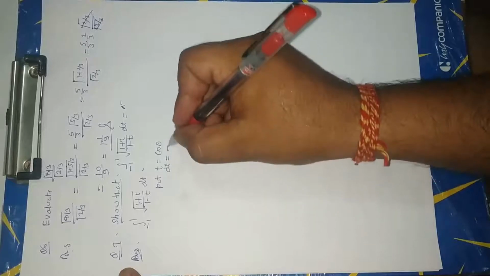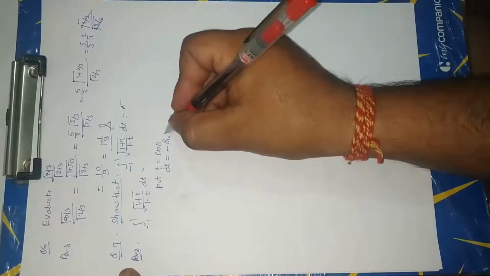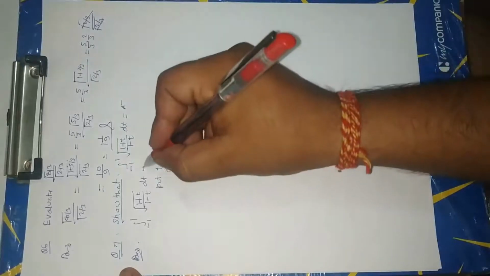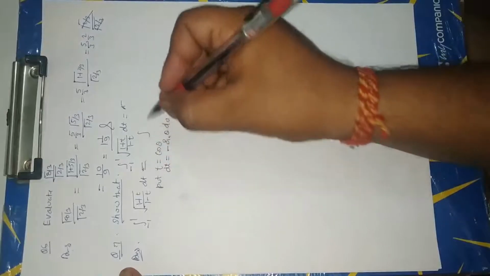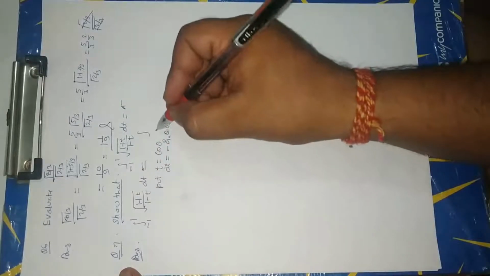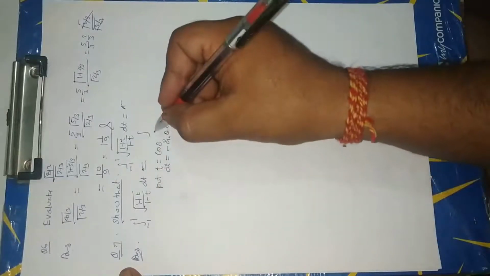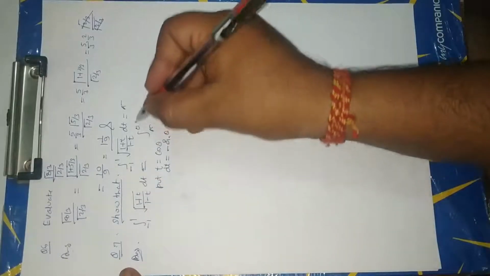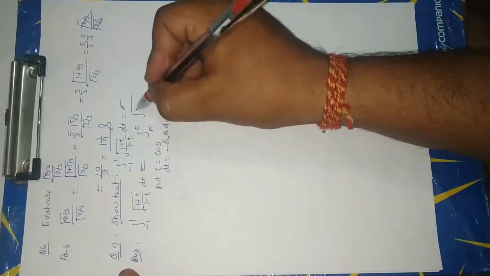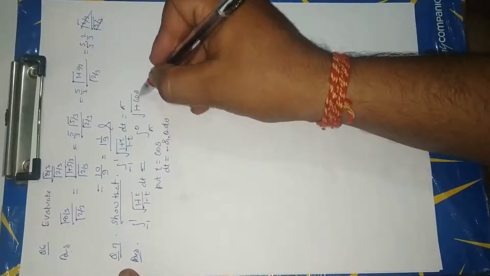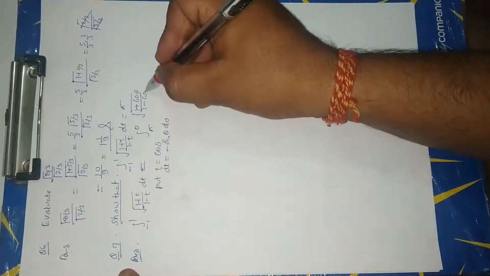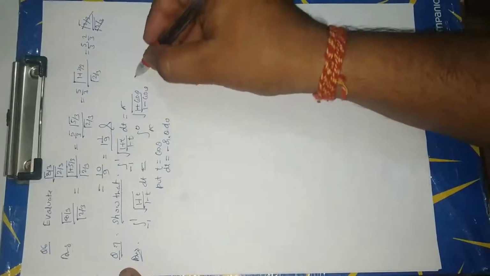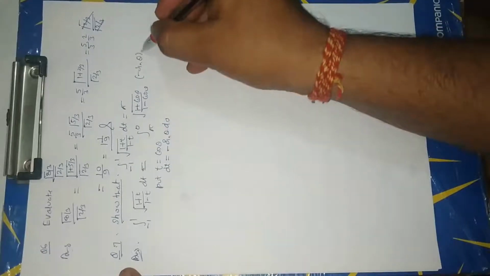Now dt is minus sin theta d theta. Then the limits can be converted: t equal to minus 1 gives theta equal to pi, and t equal to 1 gives theta equal to 0. So root of 1 plus cos theta upon 1 minus cos theta times minus sin theta d theta.